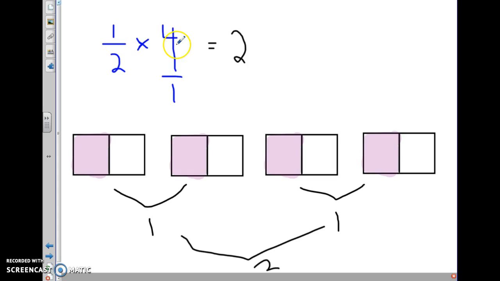Okay, it's 4 over 1. So any whole number at all, if you wanted to turn it into a fraction, you would just do a line underneath it, put a 1. This 2, same thing as 2 over 1. So I'm going to erase this real quick here.